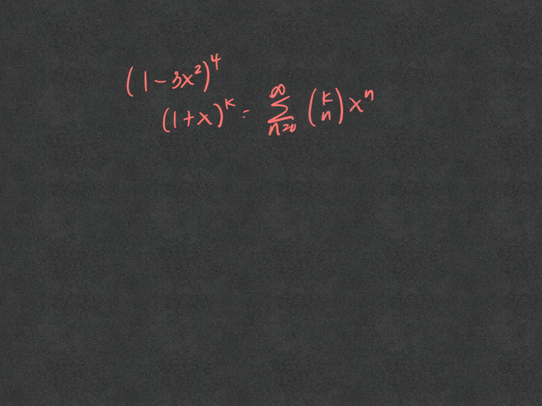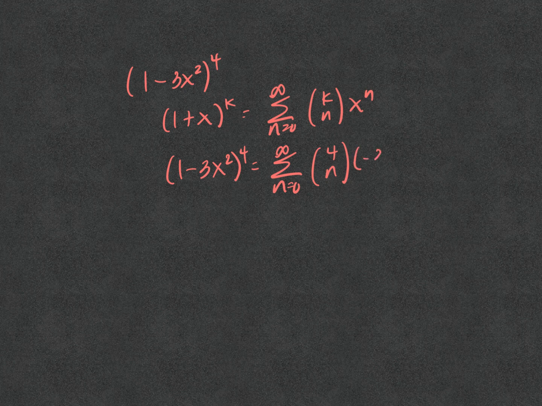So what we're going to do is say that 1 minus 3x squared to the fourth power is the series from n equals 0 to infinity. Now our k is 4, and it's not a fraction, it's a choose. It's a habit that I have. 4 choose n. And then instead of x, we have negative 3x squared to the nth power.